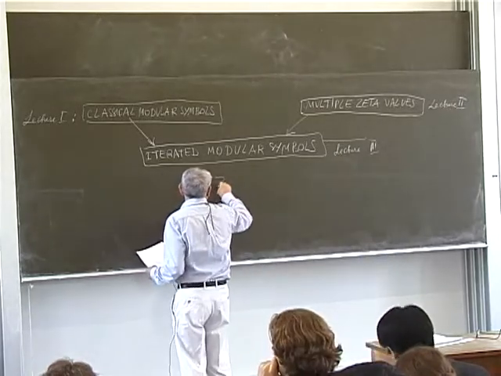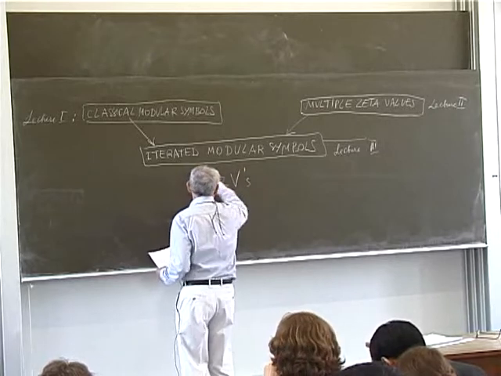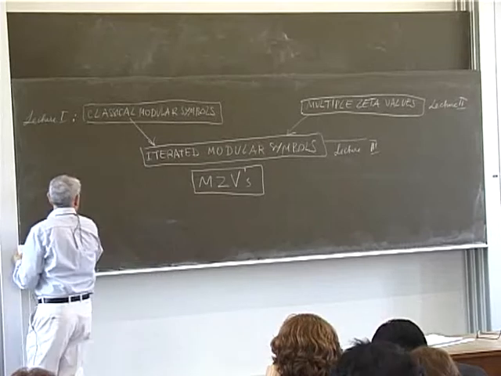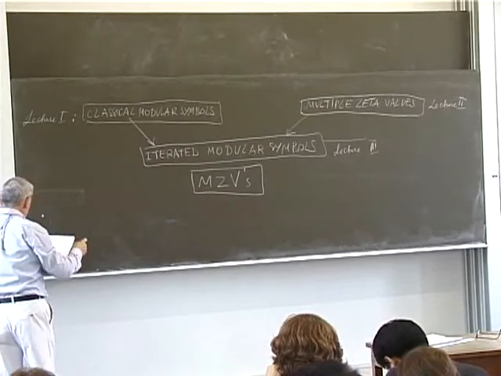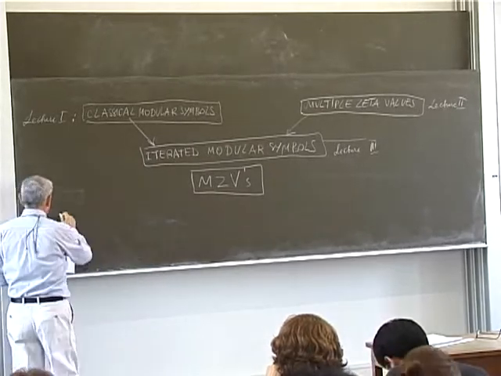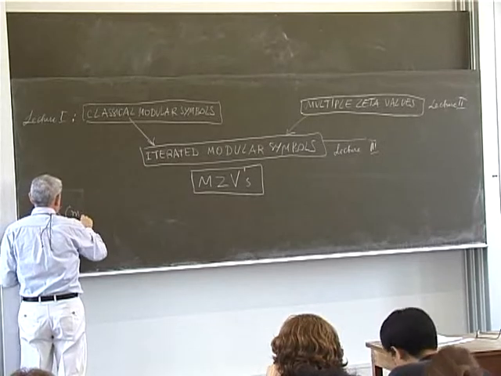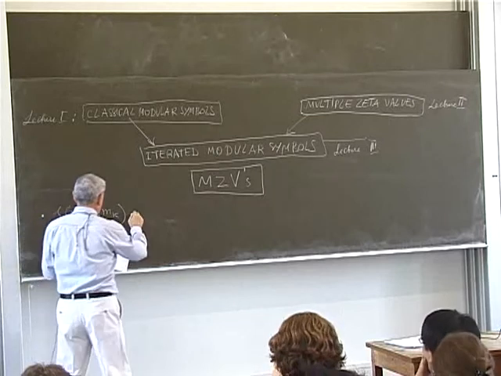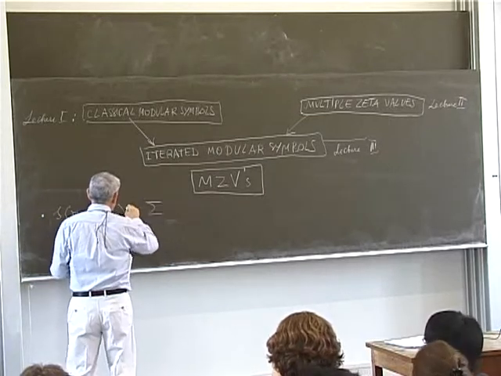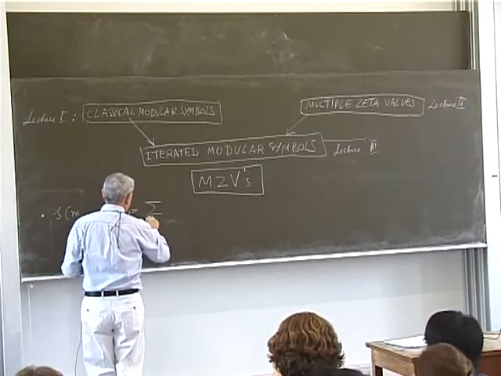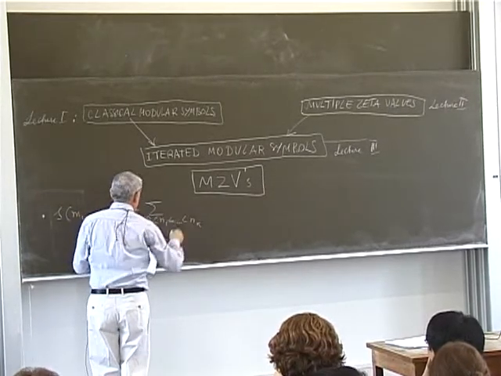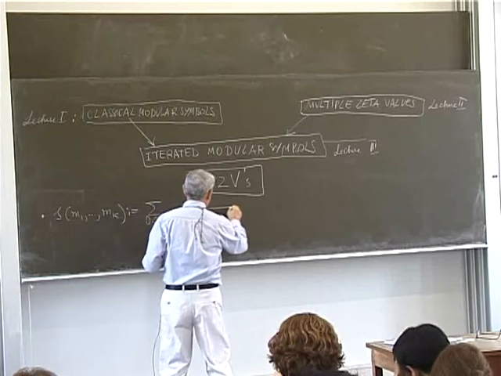So, multiple zeta values. What is this? The basic definition is this. It is an infinite series family of numbers which are denoted this way and defined in this way.